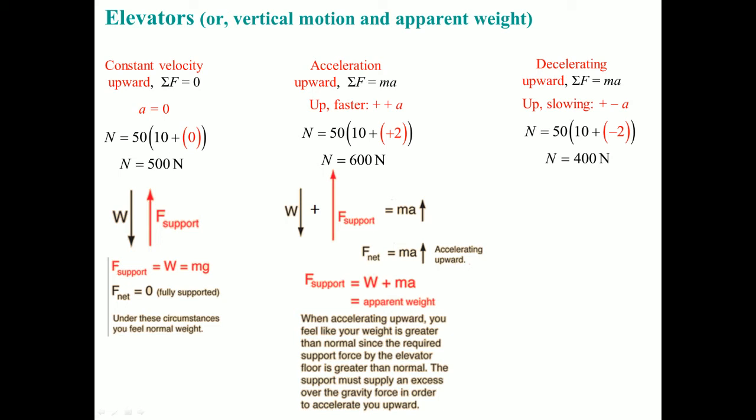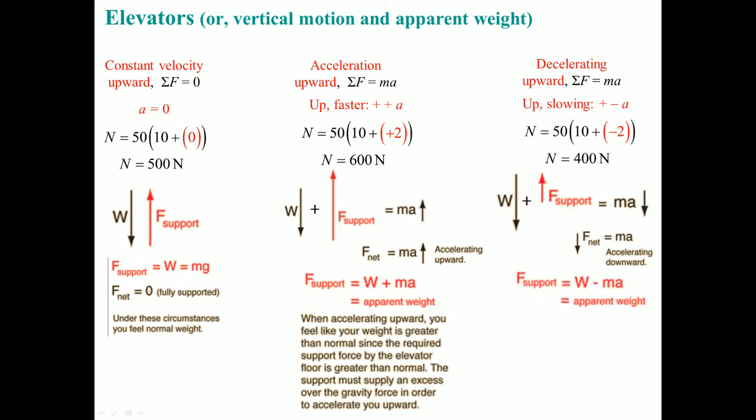When you're decelerating, you actually feel lighter, which is 400. The reason is that now your F support is going to be smaller because your ma goes down. So do you see the vector of your F support has to be smaller? Your F net is going down because you're accelerating down.